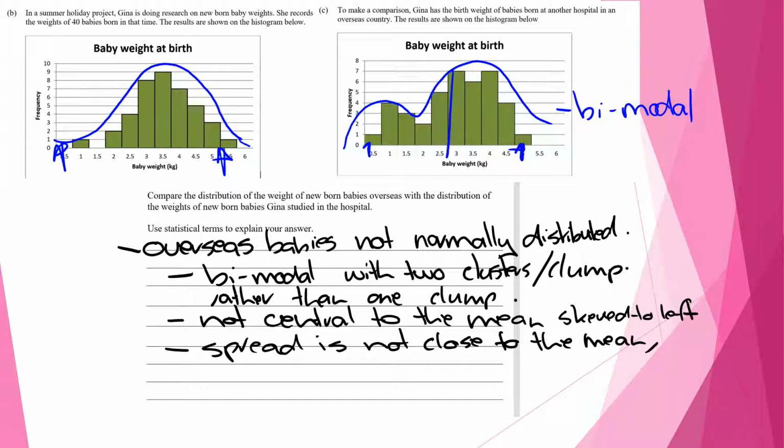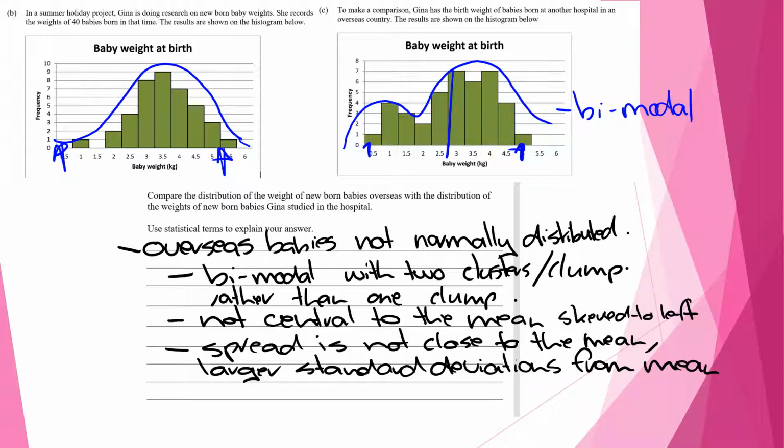So therefore it must have a larger standard deviation, away from the mean. It just means it's spread out a lot more. So if you were to break this into standard deviations, you've got larger standard deviations, whereas this one's quite close to the mean.